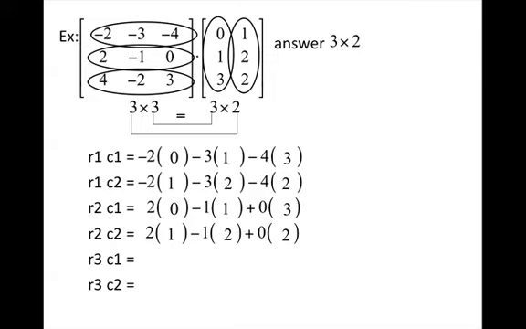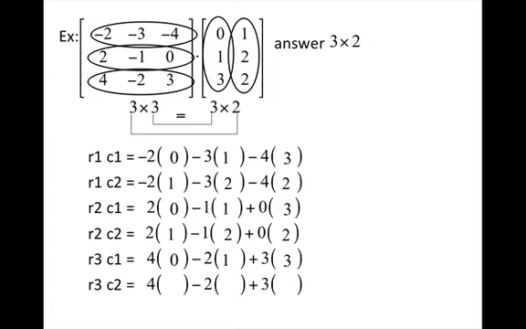And finally, row 3 is 4, -2, and 3. And fill in the parentheses with column 1, 0, 1, and 3. And then for row 3, column 2, I start out with 4, -2, and 3. And I fill in the elements from column 2 in the parentheses, 1, 2, and 2.